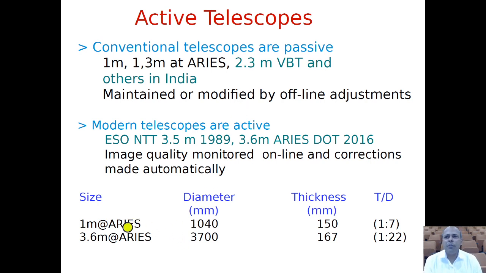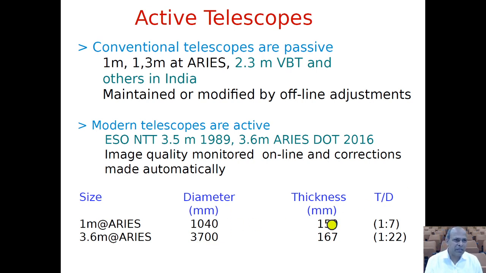Now, when you talk about the primary mirror or objective lens of a telescope, I have compared two telescopes: the 1 meter ARIES telescope and the 3.6 meter telescope. The diameter in the 1 meter case is 1040 millimeter, and 3700 millimeter in the other.